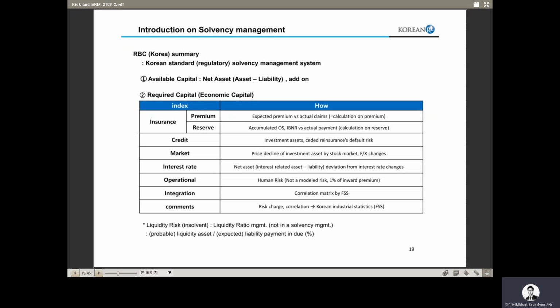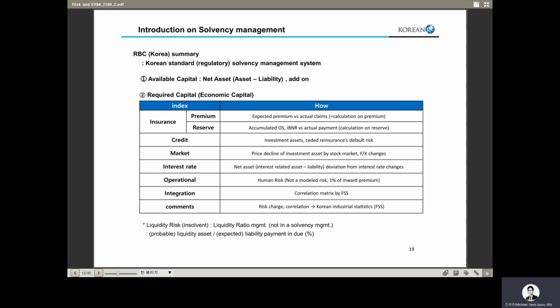Available capital, as we've explained several times, is the amount of capital that a company has, and it's the numerator in a solvency ratio. Required capital, same as economic capital, and risk is the denominator, and it represents the amount of risk a company is taking right now.